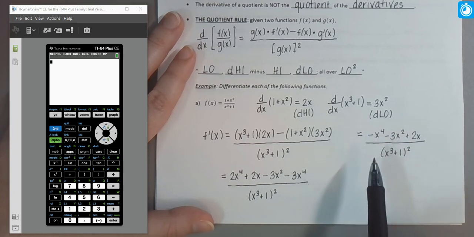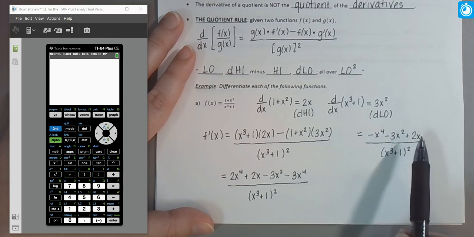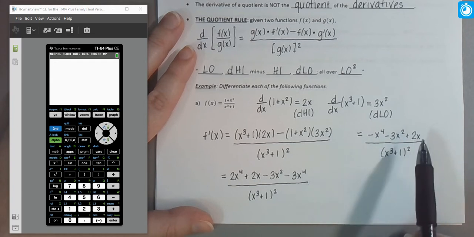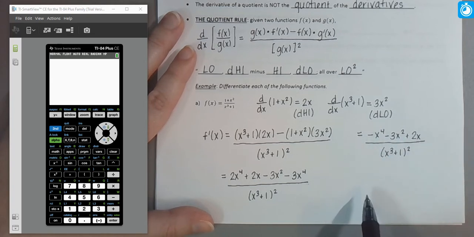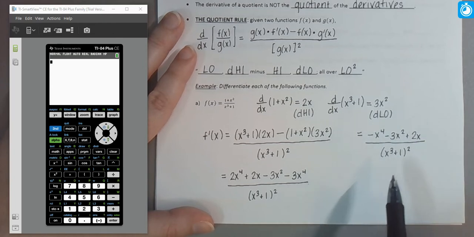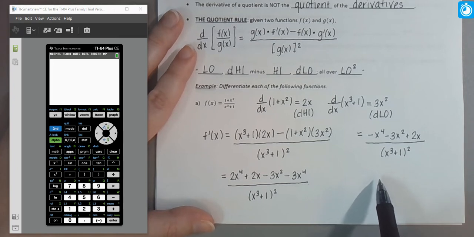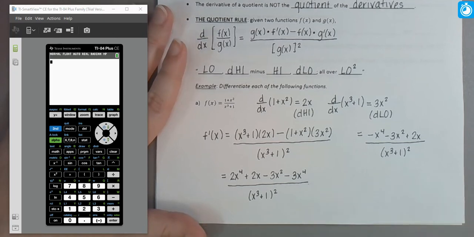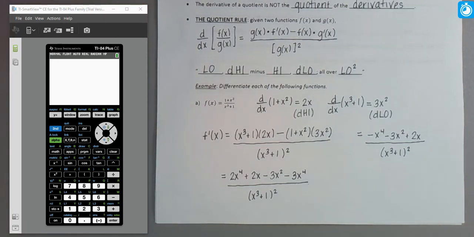Because factoring out that x from the numerator would not result in x cubed plus 1, that's our indication that factoring here won't do anything, doing anything with the denominator won't do anything. This is ultimately the simplest form we can get. There won't be anything else we can do to reduce anything any further. So that's an indication that we can leave the denominator as is without running into any problems, without saying that this could be simplified further, because in this case it can't be simplified further.